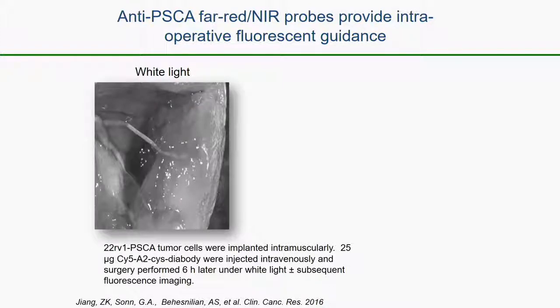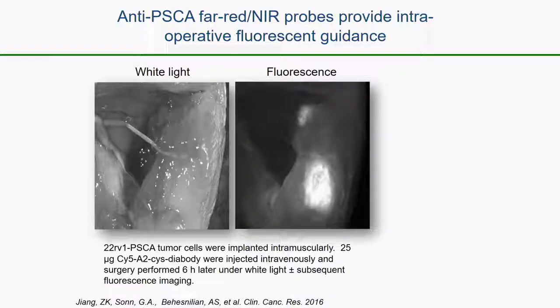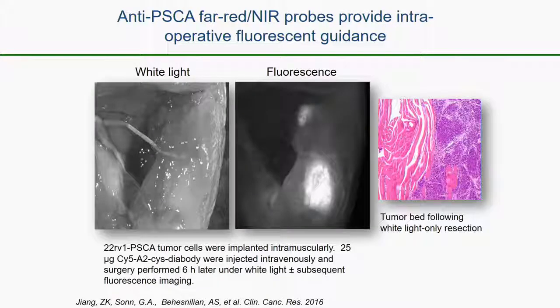So he did the surgery under white light, flipped on the fluorescence imaging, and here's the tumor he left behind, but here's an additional lesion that was not clearly visible under white light that clearly now shows up with the fluorescence. When he removes those additional lesions, he can, by H&E, confirm that those indeed represented tumor involvement. So this is a way that you could do very target-specific intraoperative imaging.